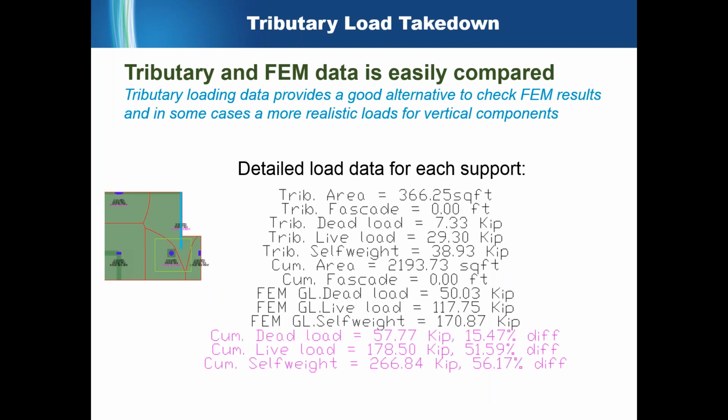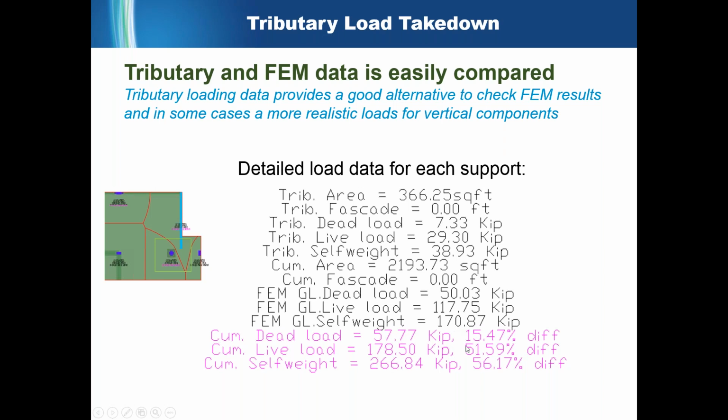And when you do have both of those solutions in your model, you're able to very quickly identify not only what the two solutions are, but also how they compare. So you're able to see for any given column what the tributary results are. For example, on this particular column here, the single level tributary load is 38 kips, the cumulative self-weight is 266 kips compared to the cumulative FEM self-weight of 170 kips.